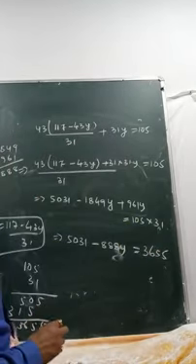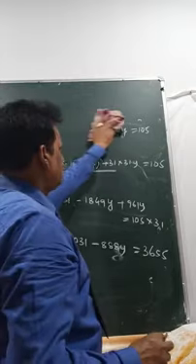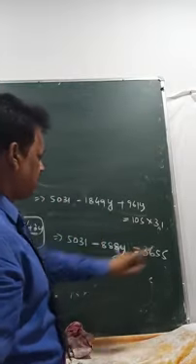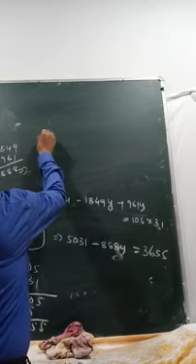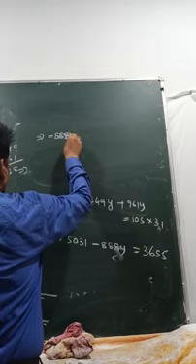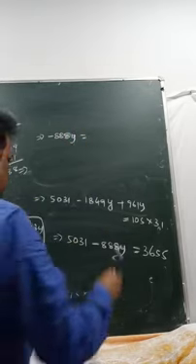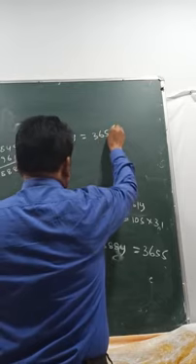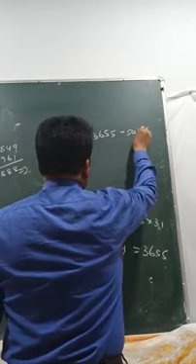So how to solve? We'll take this number to right side. Minus 888y equals to 3655 minus 5031.